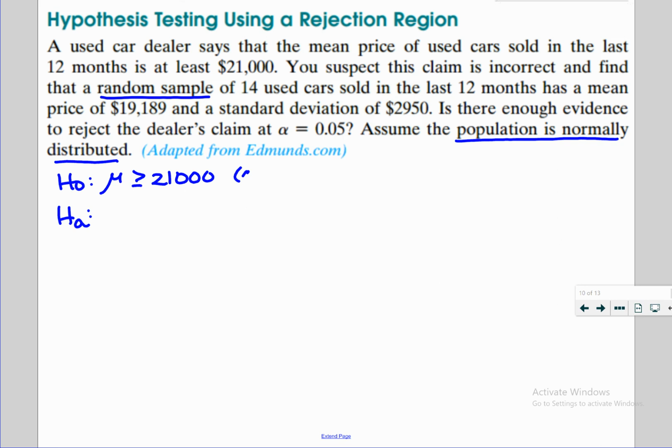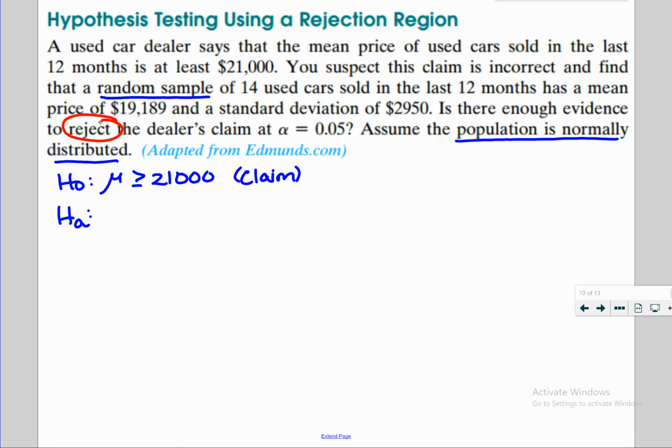Now it does say you think this is false, and we've seen that in problems before where as a researcher, if you think something's false, you make the claim the alternative hypothesis. The reason that we're not going to do that in this problem is at the very end, we're saying we want to reject the dealer's claim. Remember, if you want to be able to reject something at the end, you make the null hypothesis your claim.